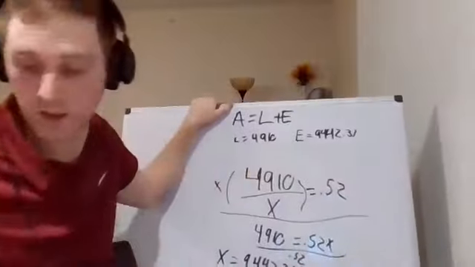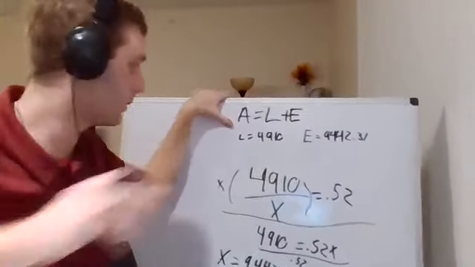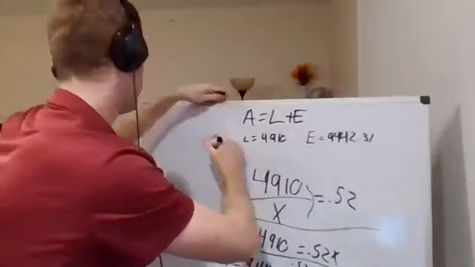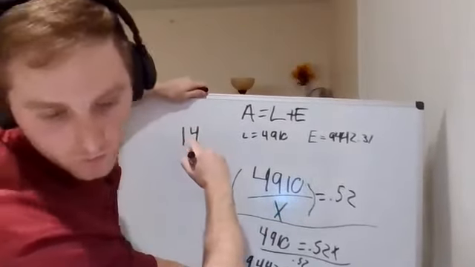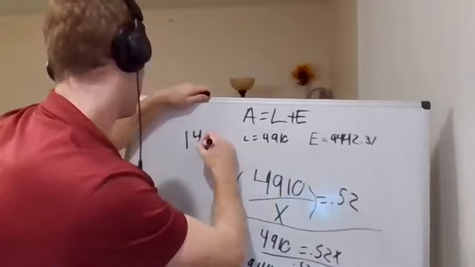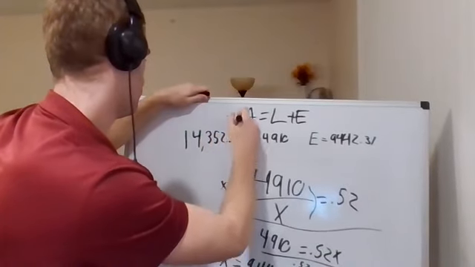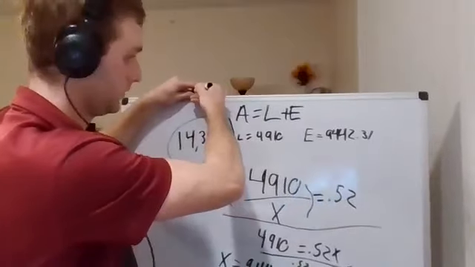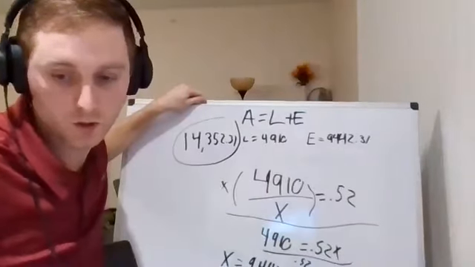Then we add these because in this, he's asking for the value of the total assets. The total assets equals these two numbers, which is 14,352.31. Any questions on that one?